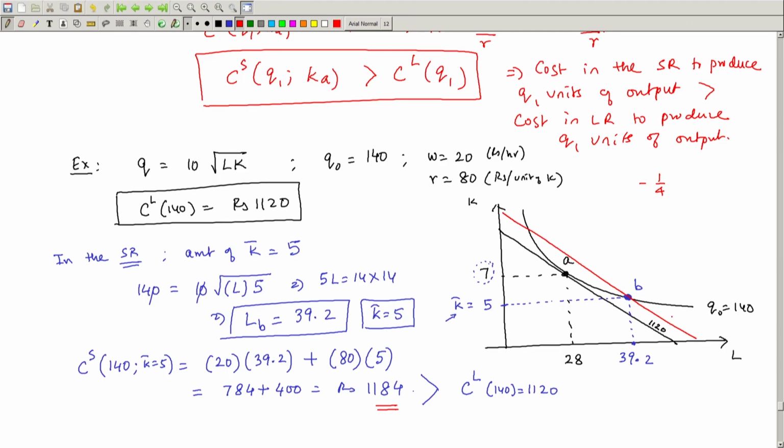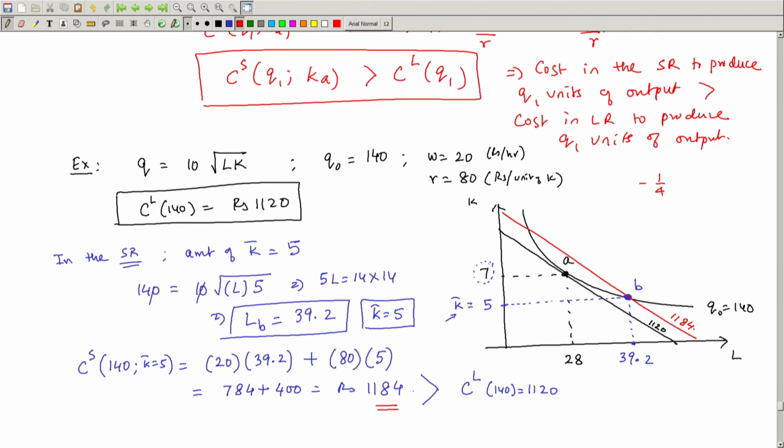This line is associated with a cost of 1184, the cost level in the short run. The red line denotes the iso-cost line passing through the point B. Recall the definition of the iso-cost line: iso means same, so iso-cost means same cost. All bundles on the red line are associated with a cost level of 1184 rupees.